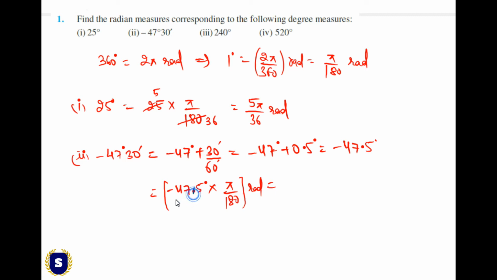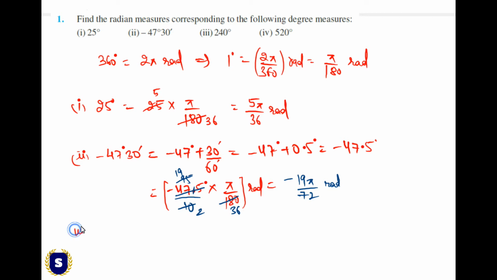To remove the decimal, we will have 10 here, then we'll cut by 5, we'll get 95 here, then cutting this 2 with 5, we will get 36, and here 19, right? So the final answer would be minus 19 pi upon 72 radians.